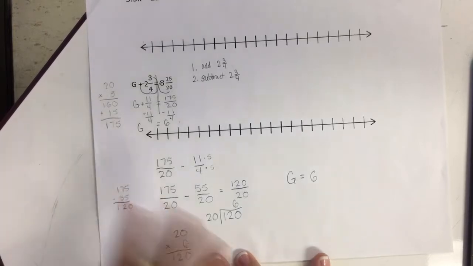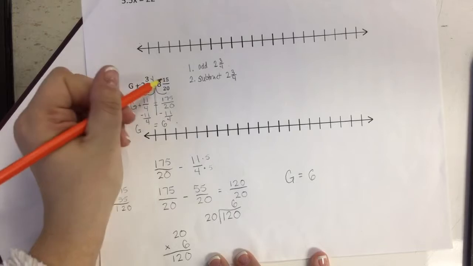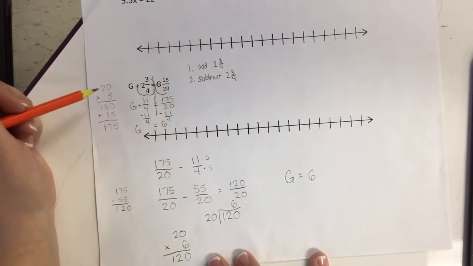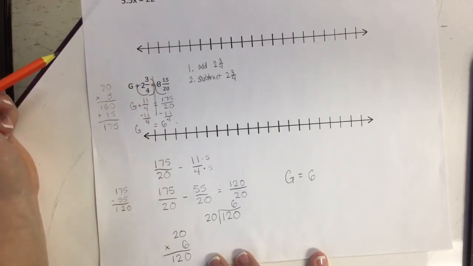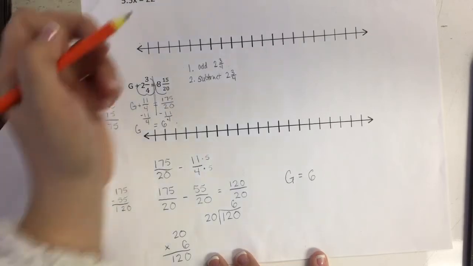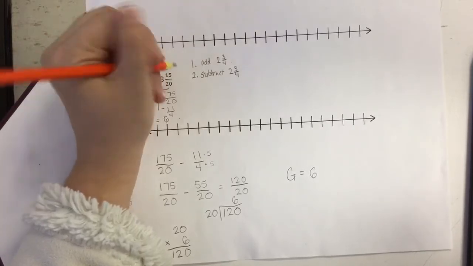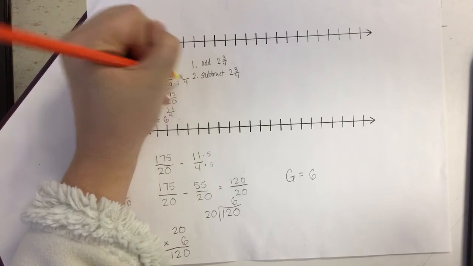Now here's the deal. If you were looking for a much easier way to look at this, we could have started by looking at 15 over 20 and figuring out, okay, can I turn that into a number with a 4 on the bottom? Well, if I divide 20 by 5, 20 divided by 5, I end up with 4.